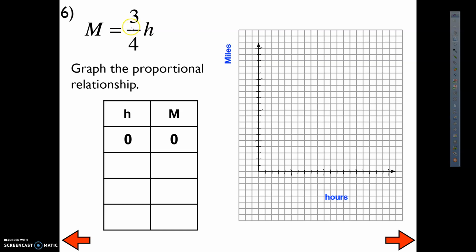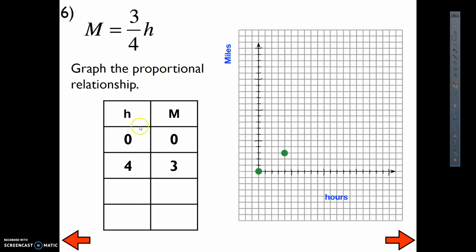But I do know that k is y over x. So if I pick x being 4, or in this case, h being 4, then I'm going to result in 4 times 3/4, which means the 4s would cancel out and we would get 3. So once I get that, it's just a matter of repeating that same pattern.